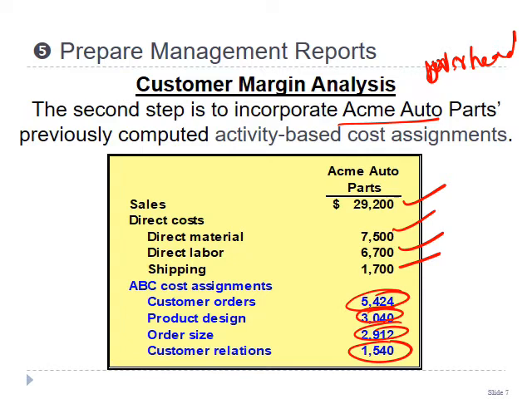Order size is based on machine hours, so that is 448 multiplied by 6.5, right? And for product design, there are 4 orders for Long Life, so we multiply the product design cost by the 4 orders. Customer orders: how many orders are given? 12 orders, at 452, right? We can easily find that one.